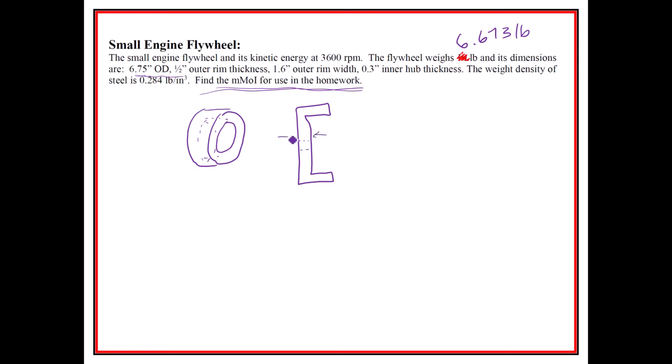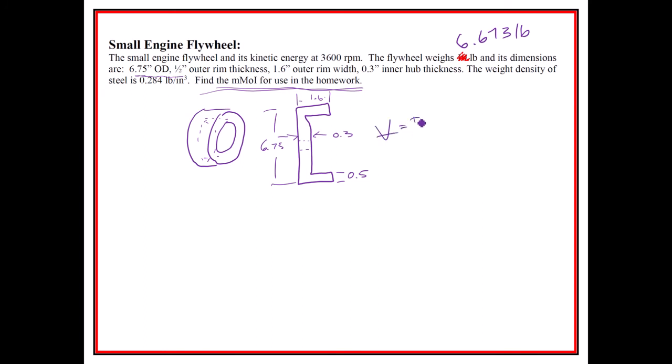But I say that this right here is 0.3. This right here is 1.6. This thing has a diameter of 6.75. And this thing has a thickness of 0.5.